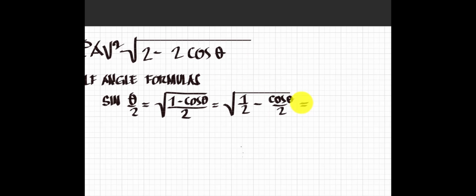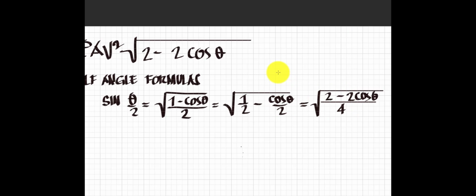which is equal to, combining that one, so we have common denominator, we have 4. This is 4. So 4 divided by 2, that will be 2. Then this one minus 4 divided, that will be 2 cosine of theta. Okay, square root that one. Since it is still inside, it is still a square root.